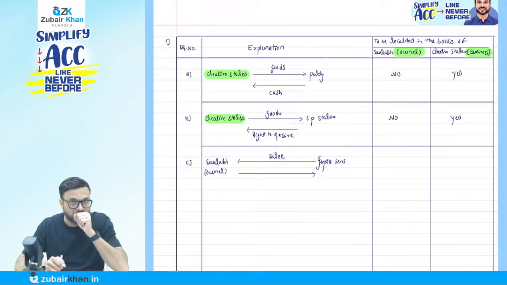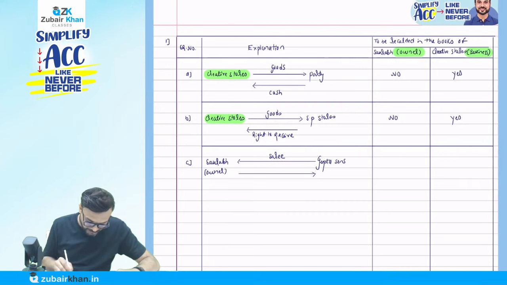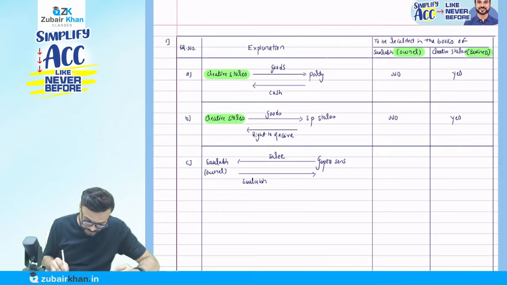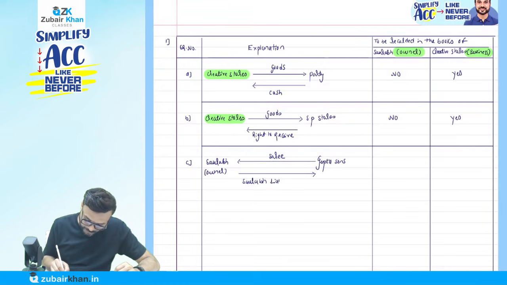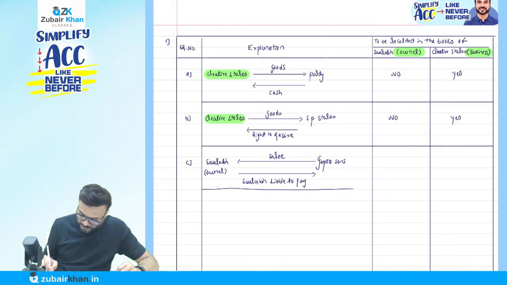Name is given, it means a credit transaction. We are liable to pay. So Saurabh is liable to pay. Write down, Saurabh is liable to pay.